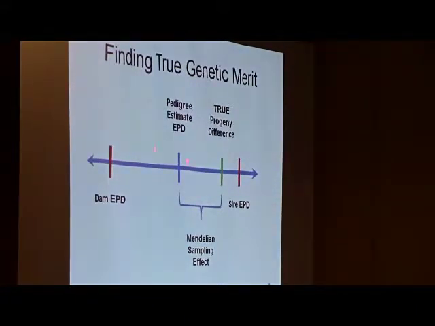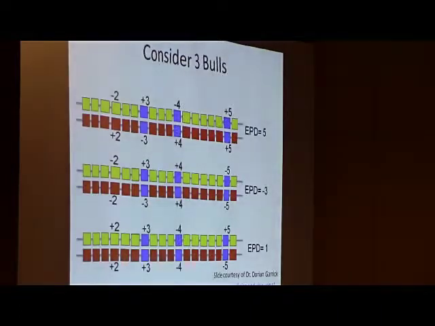The reason why they don't all end up as an average of their dam and their sire is due to Mendelian sampling. We don't know which direction that EPD is going to move, but it's probably going to move. And why it moves is shown here.